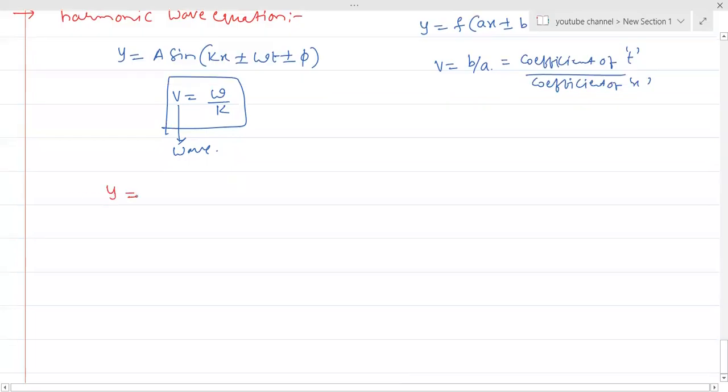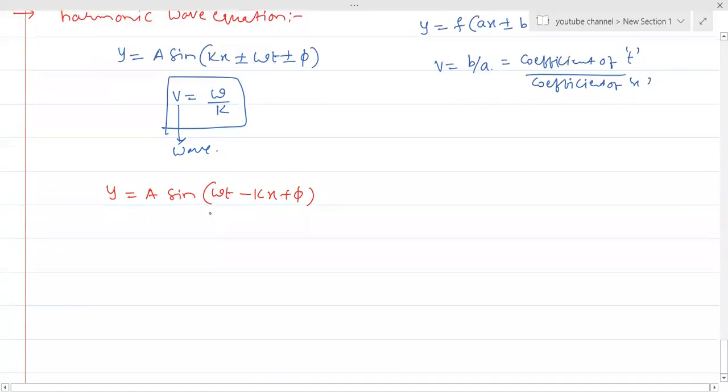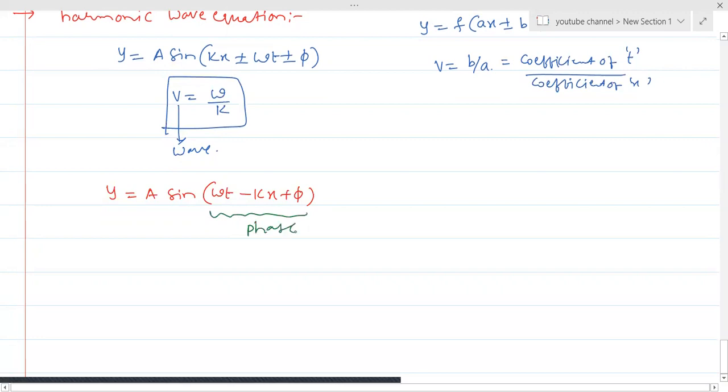So when y is equal to a into sine of (omega t minus kx plus phi) is a given situation, in that equation this whole term represents the phase. Or we will call y equal to a sine, instead of omega, we will take 2 pi by T into t minus 2 pi by lambda into x plus phi.